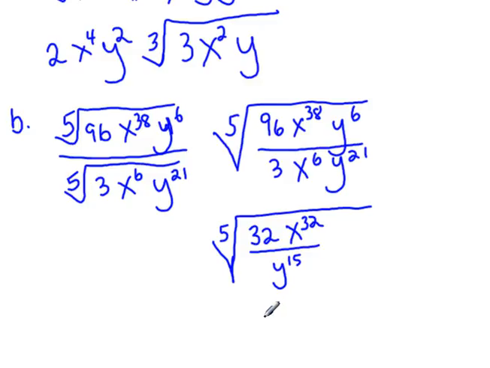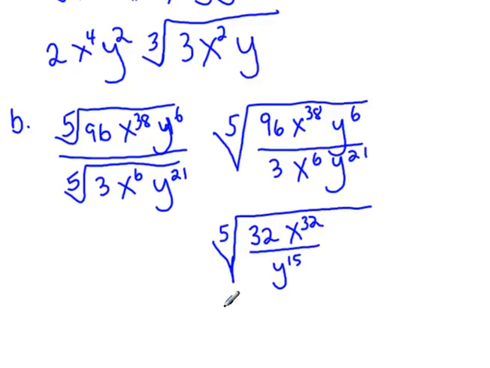Okay, so next step, I want to figure out if each of these has a fifth root, or if it's a perfect fifth power. Well, 32 is 2 raised to the fifth power, so that is. X to the 32 is not, though. I need this to be a multiple of 5.